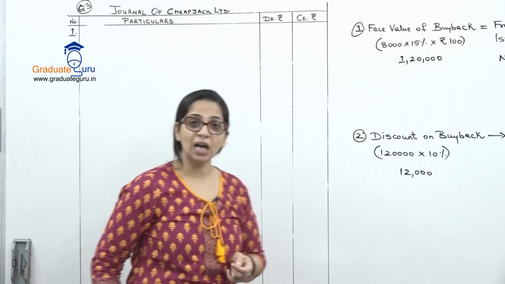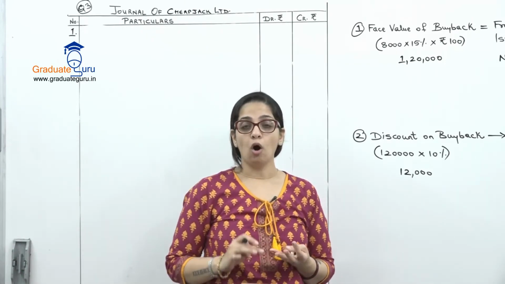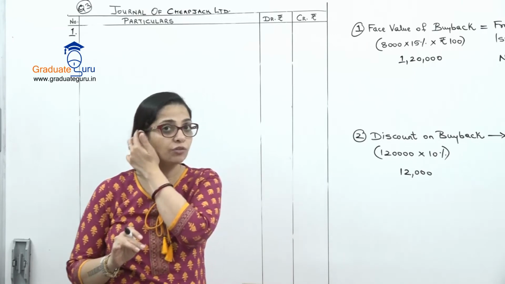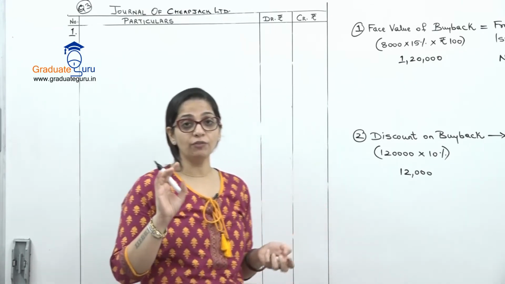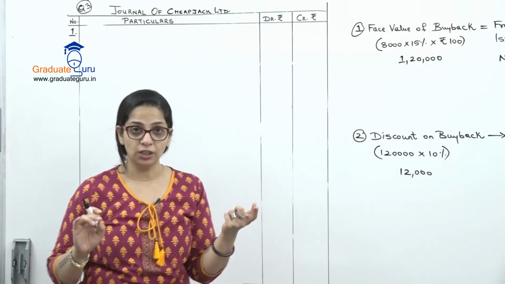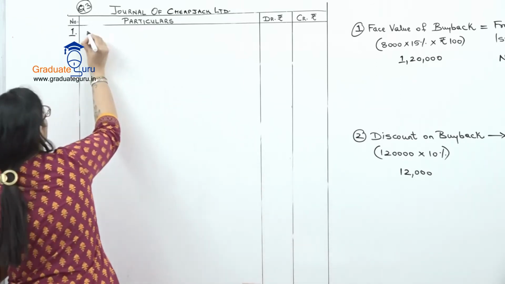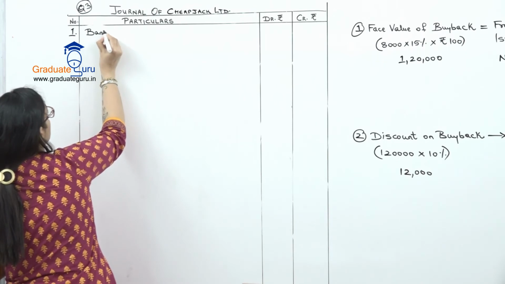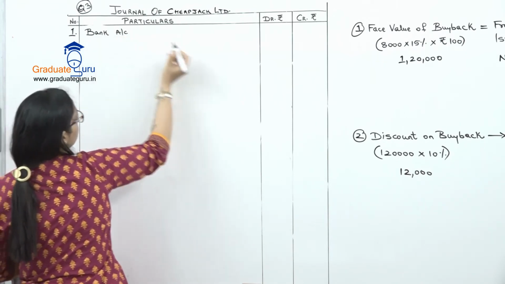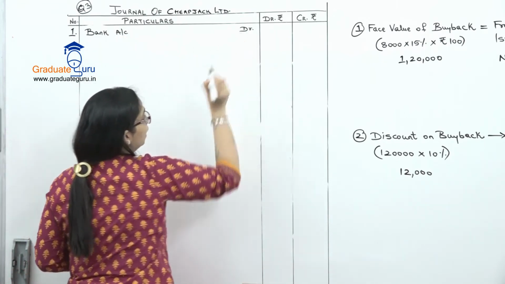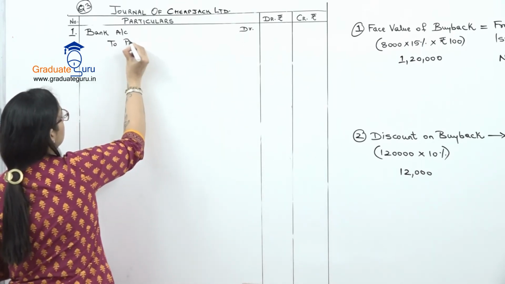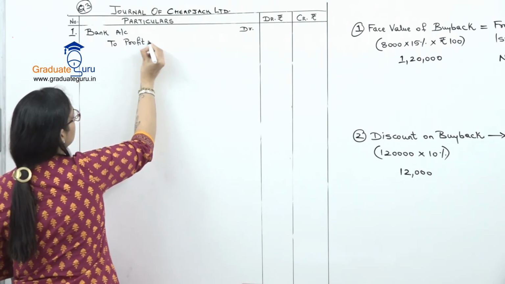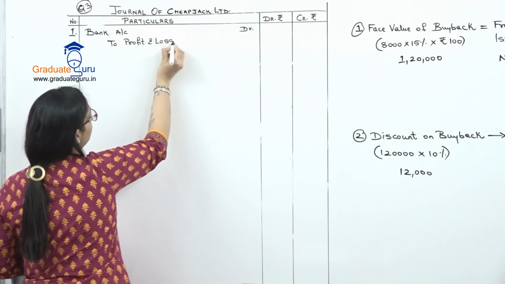Always, before we start the buyback, if there is a sale or fresh issue, we first account for that. So, we are going to first write our entry for sale of machinery. So, bank account debit. The sale is at a profit. So, to profit and loss account, profits are always credited.